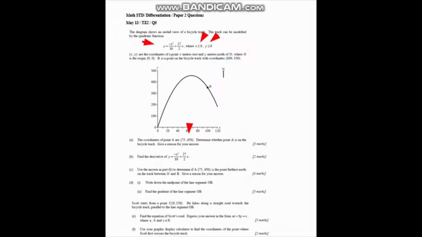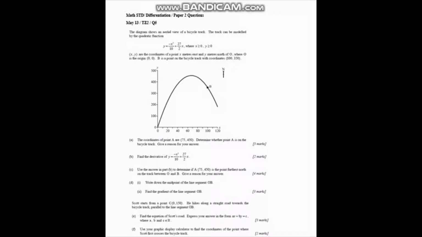Determine whether point A is on the track or not, giving a reason for your answer. So if point A is on the track, then it must satisfy the equation of the track. So when x is 75, y has to be 450. So I shall plug 75 into the x and determine whether or not y is in fact 450.